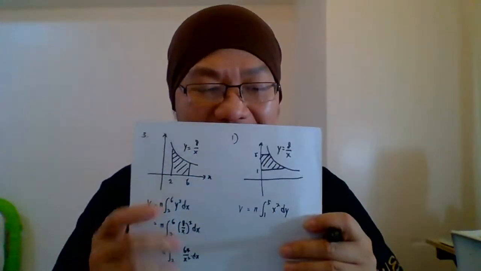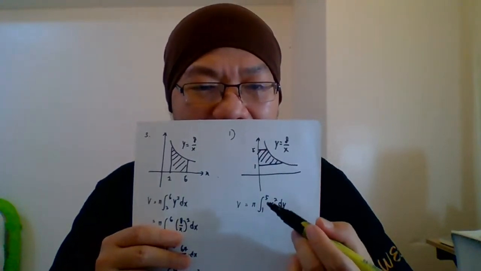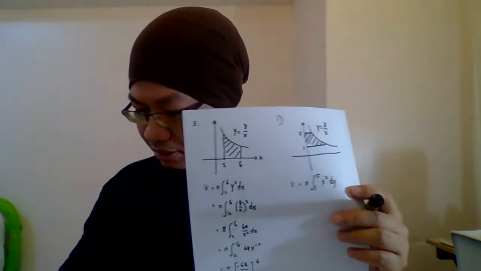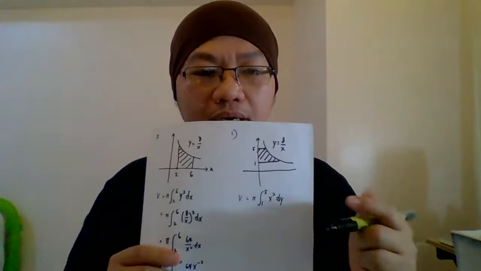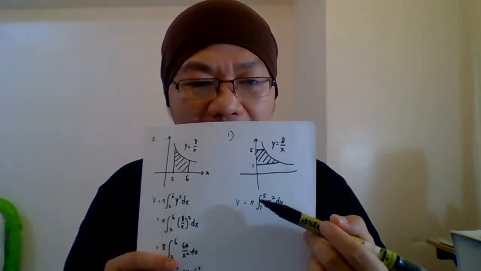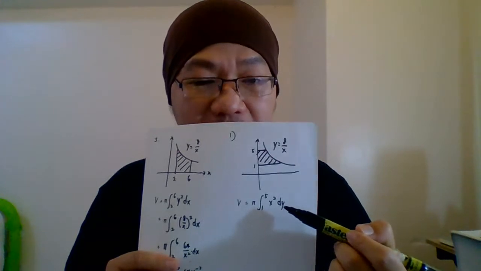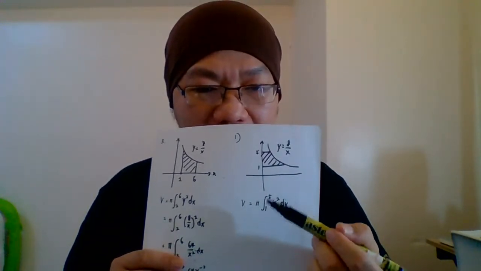So the subject is x squared here. So the volume against the y-axis equals pi, with limits 1 to 5, x squared dy, because we are against the y-axis, so that's why it is dy at the back, and the limits here are also coordinates of y.